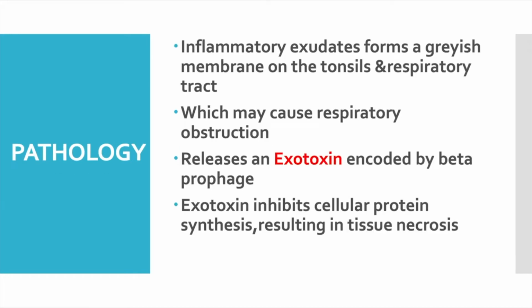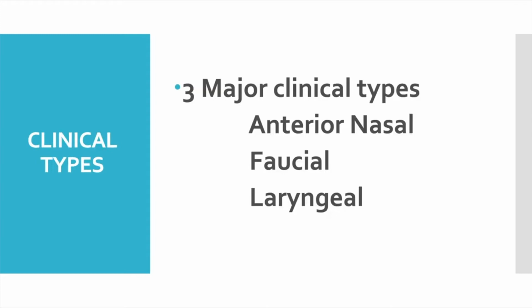Pathology. Inflammatory exudates form a grayish membrane on the tonsils and the respiratory tract, which may cause respiratory obstruction. It releases an exotoxin encoded by beta prophage. That exotoxin inhibits cellular protein synthesis, resulting in tissue necrosis. Clinical types.